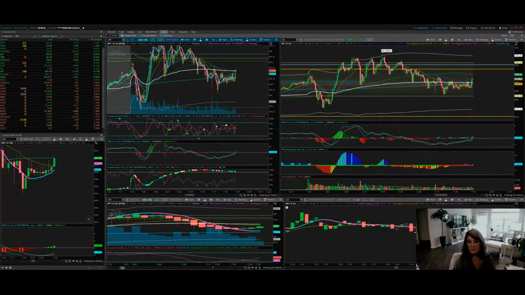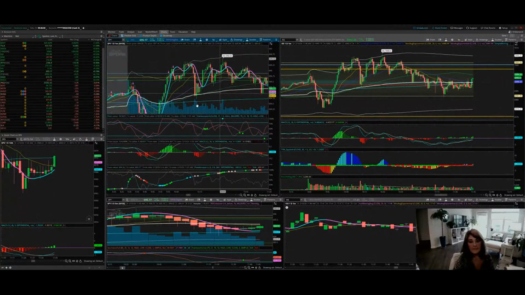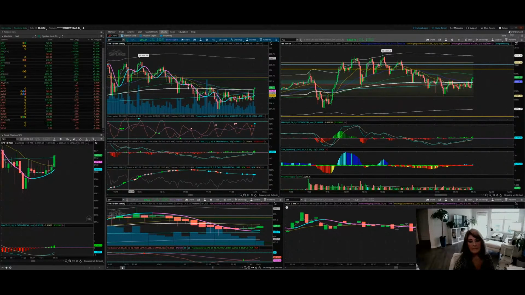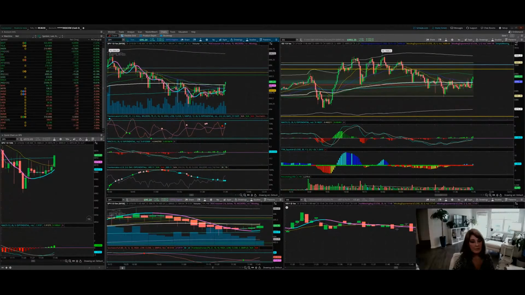Little tiny move down below it, but still trying to hold it. Recovery.